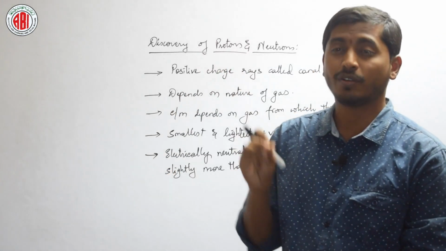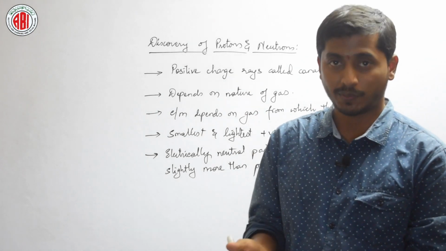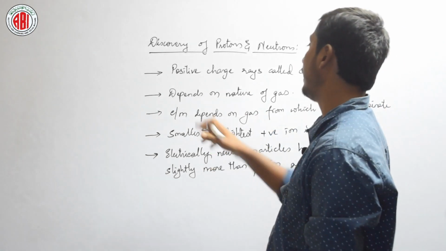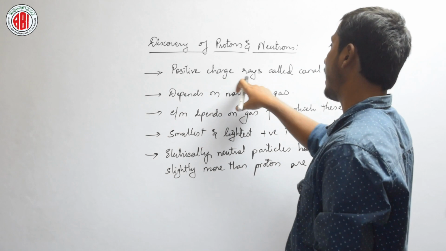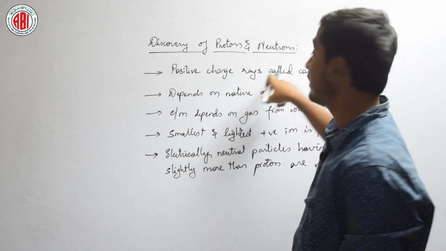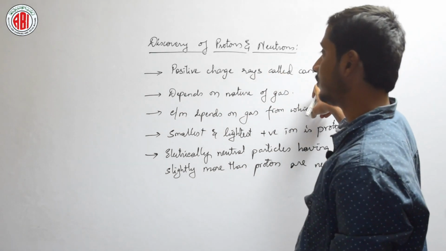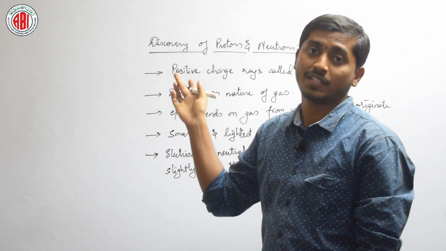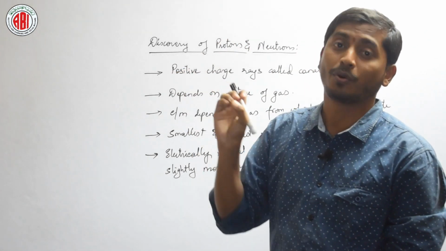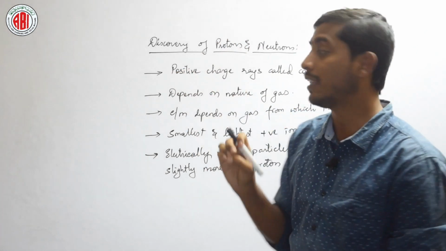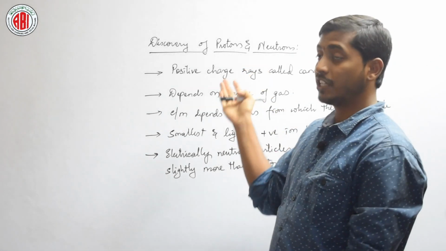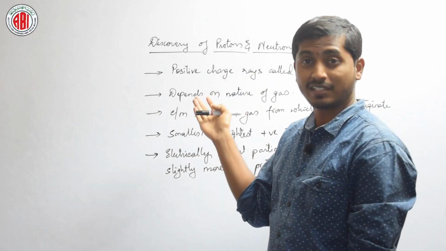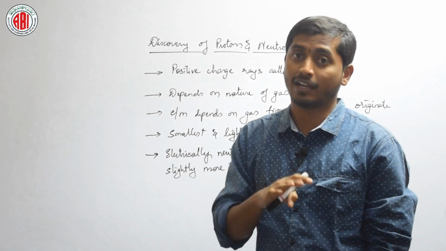In that discharge tube, after doing many more experiments, they could find a few positively charged rays, which are called canal rays, right. And these positively charged particles they defined as protons. These positively charged particles are not like electrons.